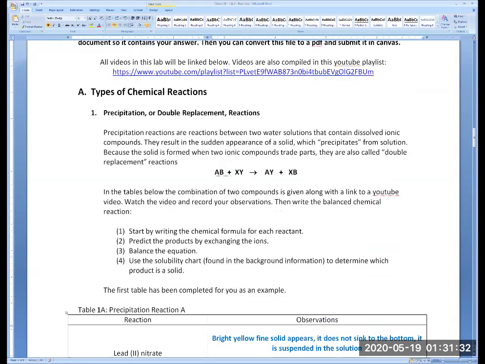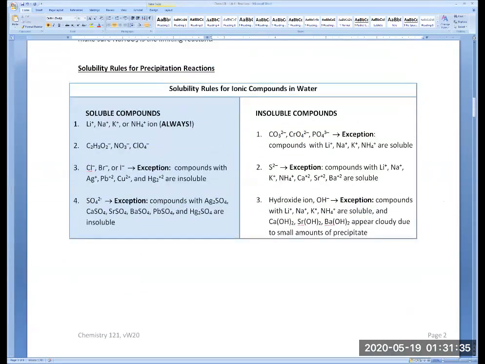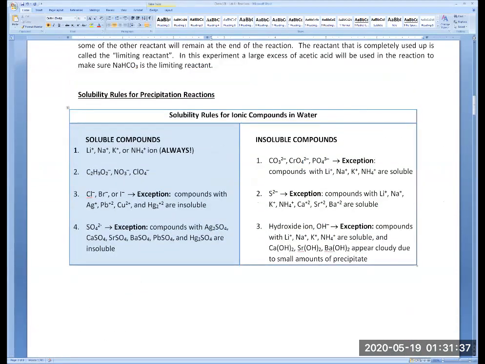So let's look at that table here. So PbI2. Again, Pb2+ is not listed as a principal ion. It's in the exceptions, though, you will see. So I minus is listed among the soluble compounds.